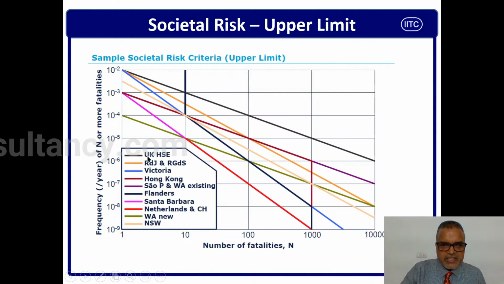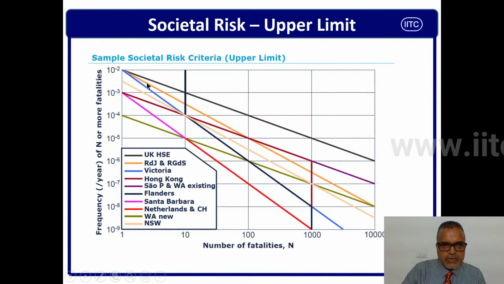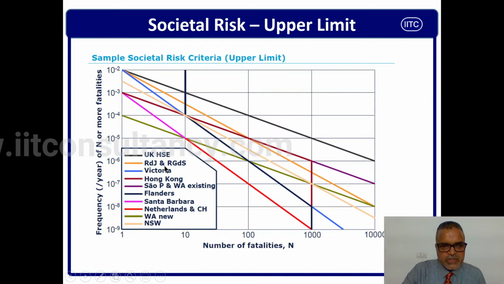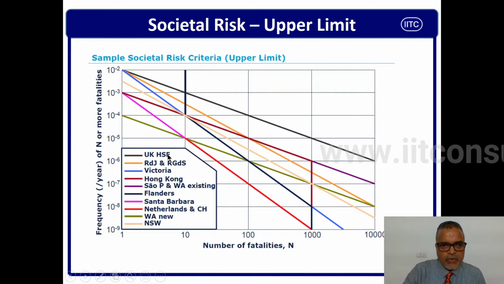Here the black is UKHSC, the light yellow is RDJ and RGDS, the blue line is Victoria, then the dark red is for Hong Kong. So different countries' acceptable limits or maximum criteria are shown over here, but normally we use UKHSC from an oil and gas point of view worldwide.